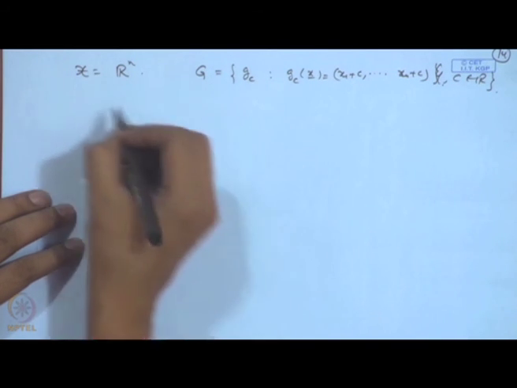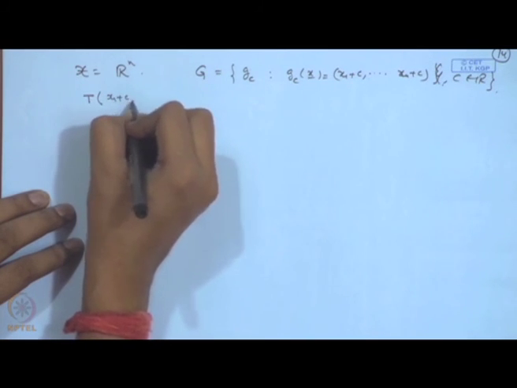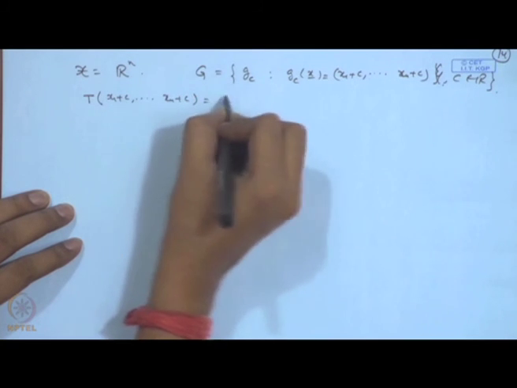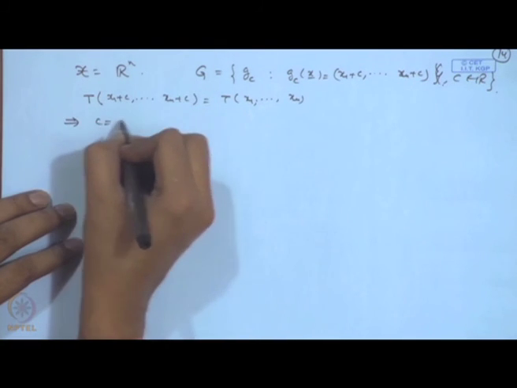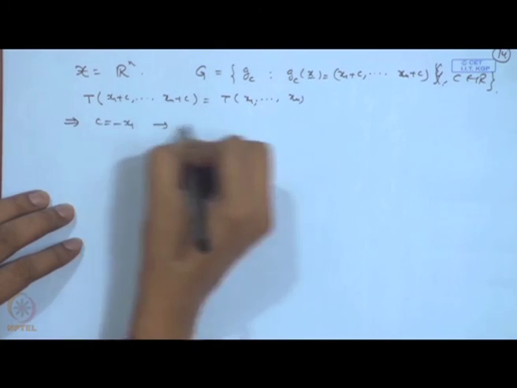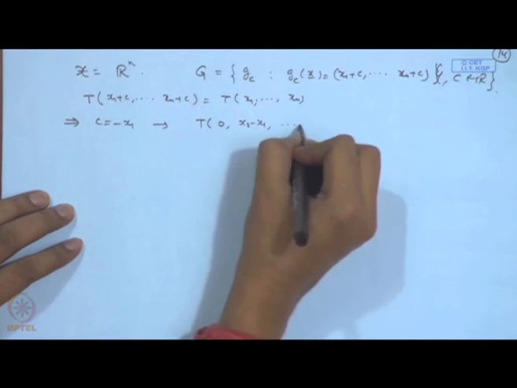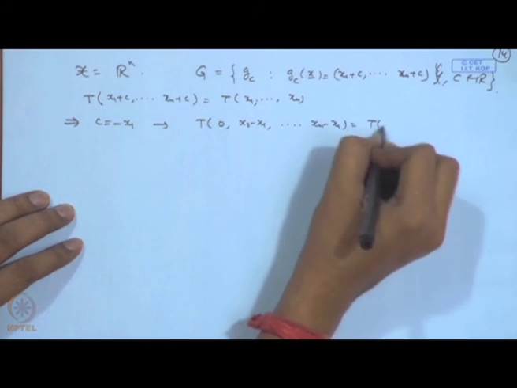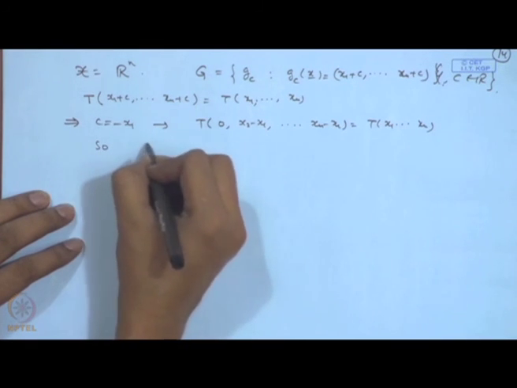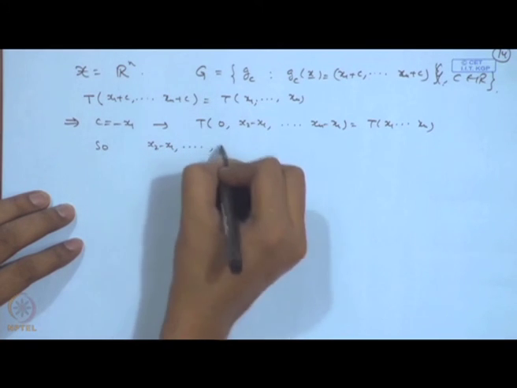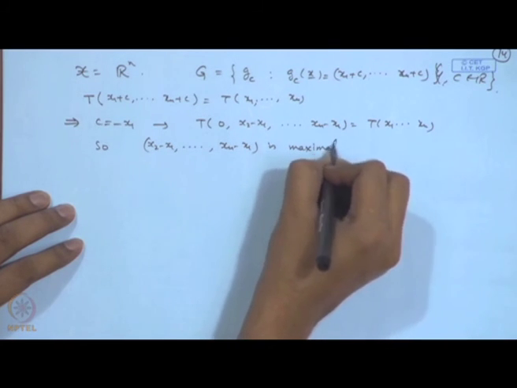Then if we consider T of x 1 plus c and so on, x n plus c is equal to T of x 1, x 2, x n, then I can choose c is equal to minus x 1, and that will give me T of 0, x 2 minus x 1 and so on, x n minus x 1 is equal to T of x 1, x 2, x n. So, x 2 minus x 1 and so on, x n minus x 1 is maximal invariant.